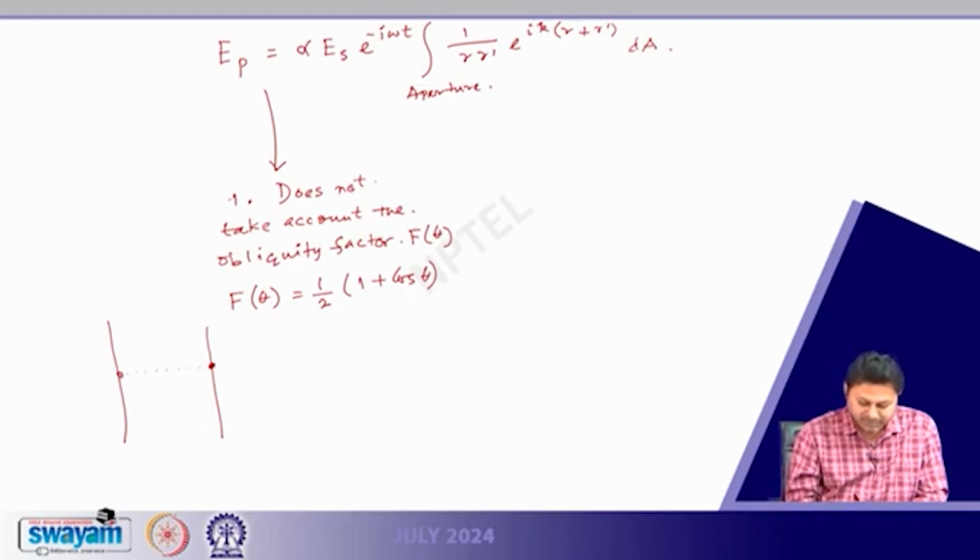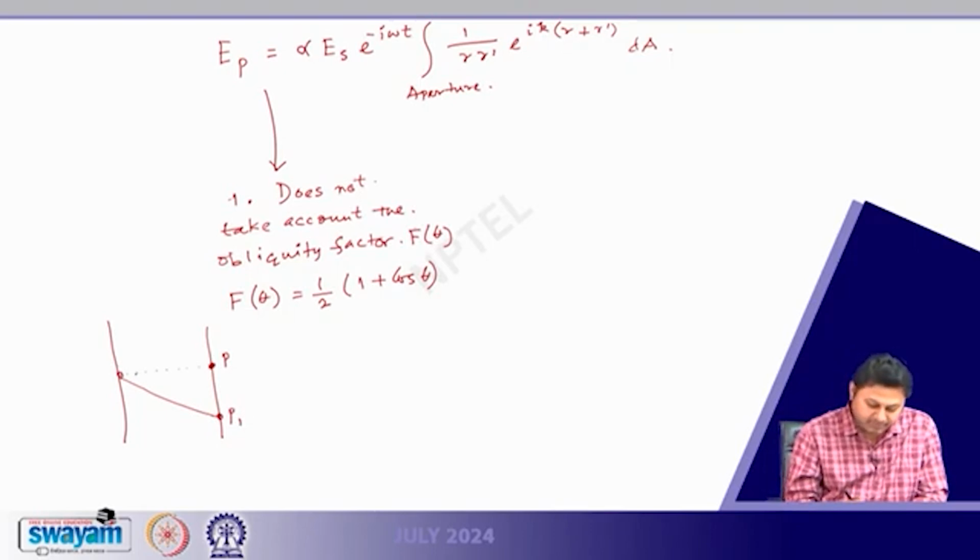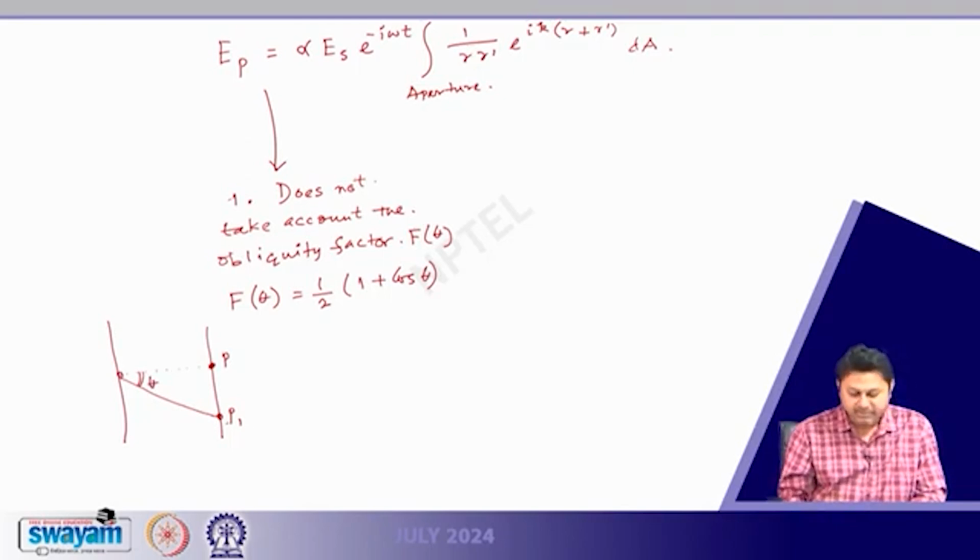But if I move to another point, say P1, then I make an angle theta with this horizontal line, and as soon as I make angle theta, the amplitude is going to reduce because of this obliquity factor.